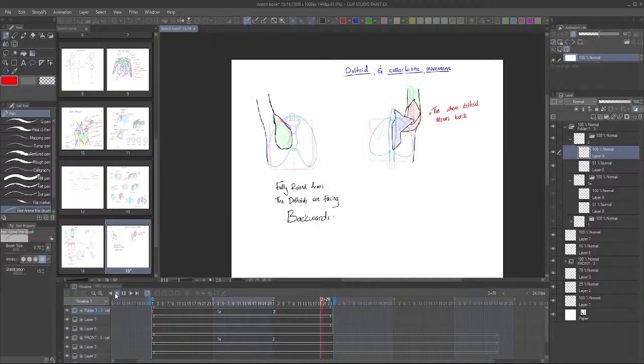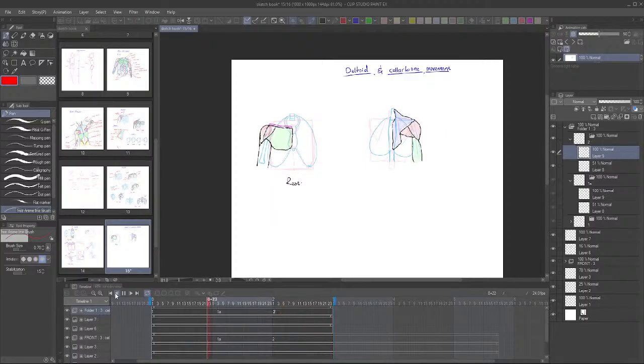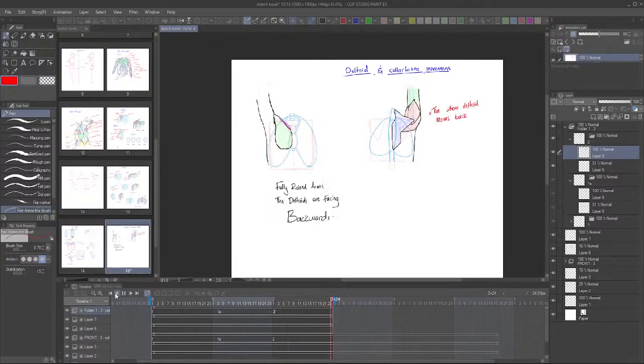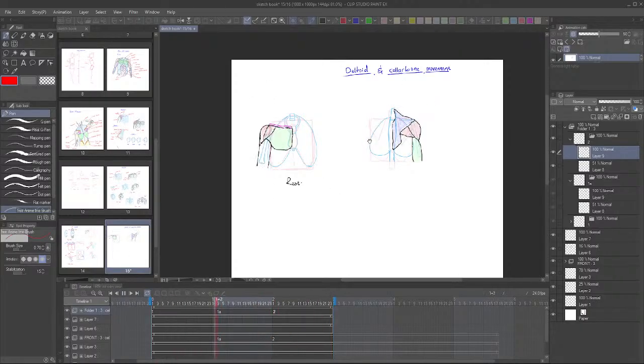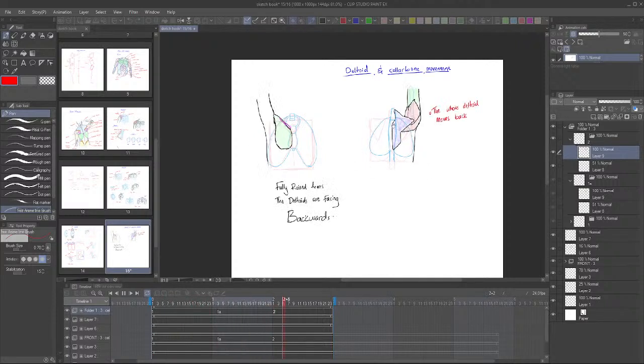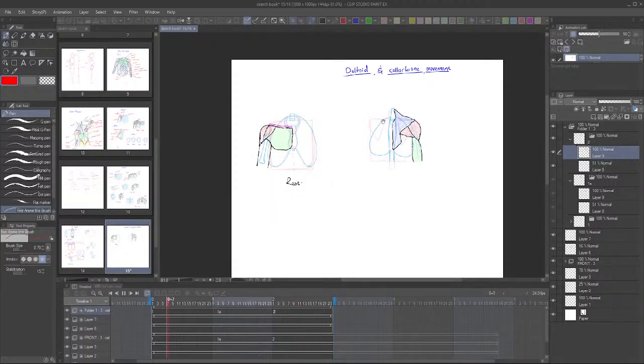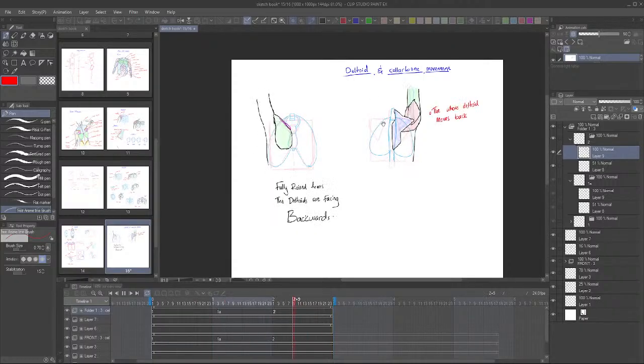So probably I'm going to animate something once we finish the deltoid and the trapezius. We've done the chest muscles, so the only thing left is the trapezius.